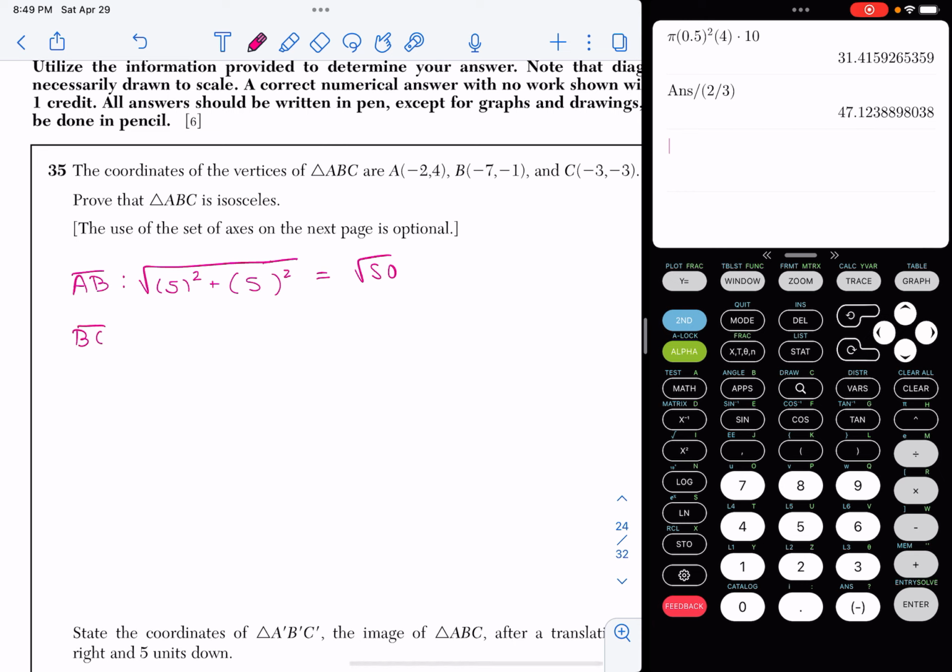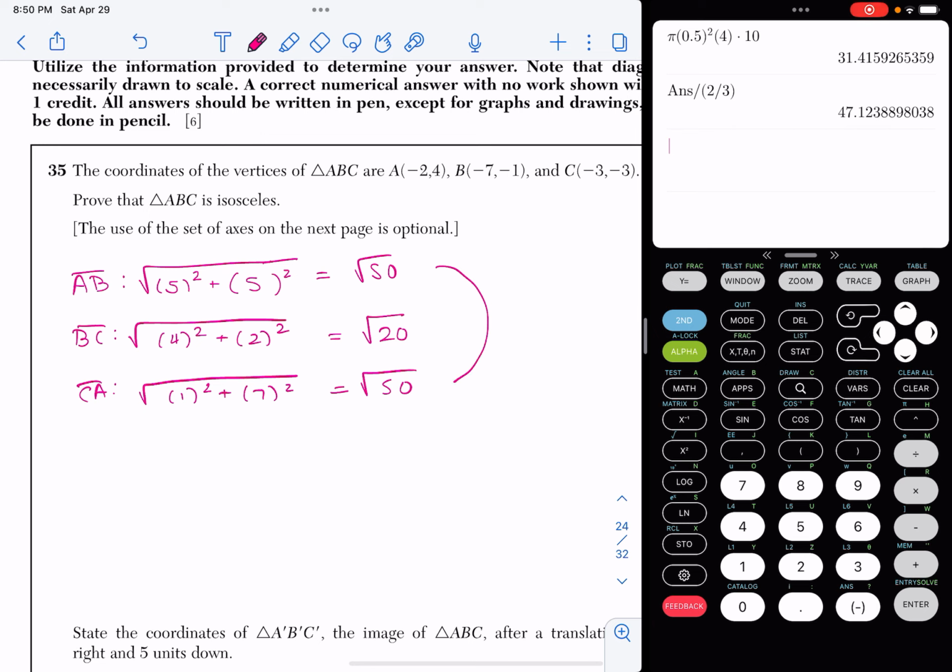All right, let's find the length of BC. When I subtract the x's, I get 4. When I subtract the y's, I get 2. And that gives me radical 20. And then let's see what happens with CA. Subtract the x's, I have 1. Subtract the y's, I have 7. And I get radical 50. Those are my 2 congruent sides that I identified from the picture.